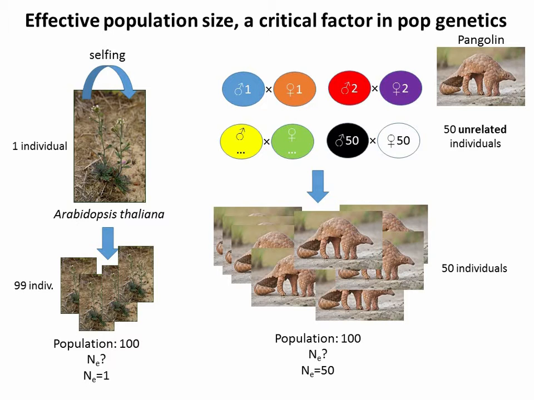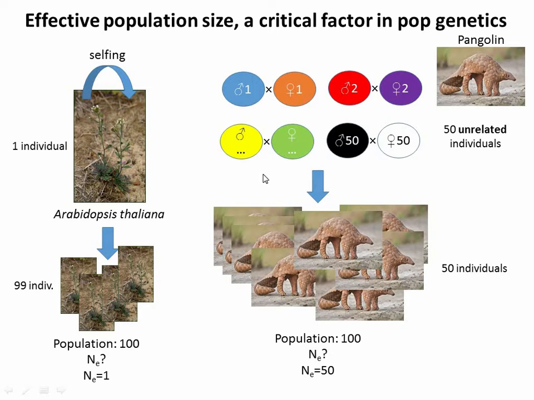So the answer here is 50. Why 50? Because each of them is unique. To capture the whole diversity of this population, you will need at minimum these 50 original individuals. The progeny will not increase the effective population size. Why?